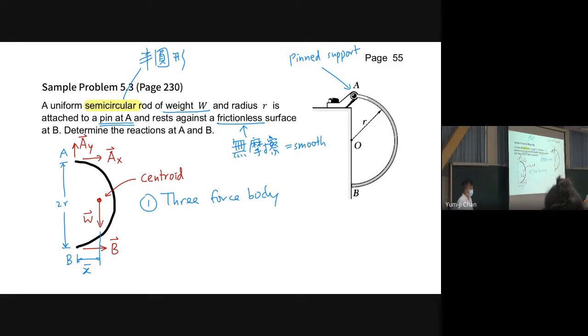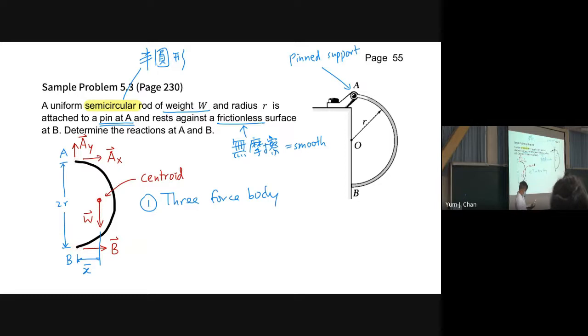Therefore, what do we know about three-force bodies? For three-force bodies, the line of action of this force, the line of action of this force, and the line of action of the force acting on point A will go through the same point.